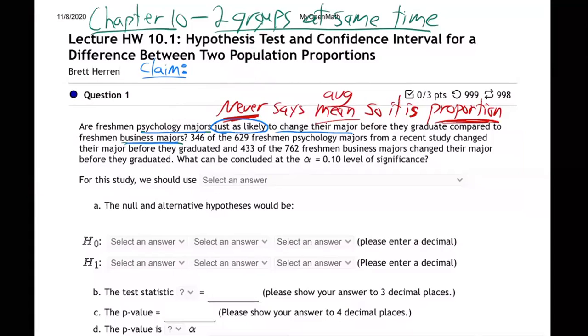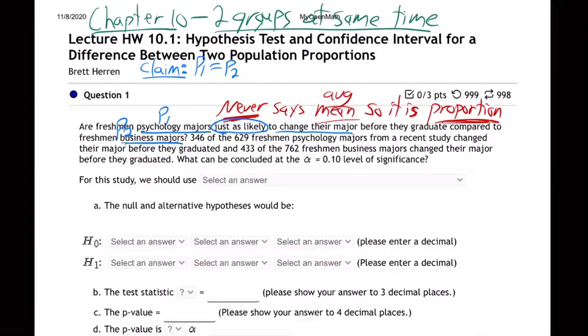What does that mean, just as likely? Notice it doesn't say more. It doesn't say less. Would it be equal? Yeah, it's equals. Does that make sense for everybody? That's P1 equals P2. We'll let the psych majors be P1 and the business majors be population 2. That's just how we do it.